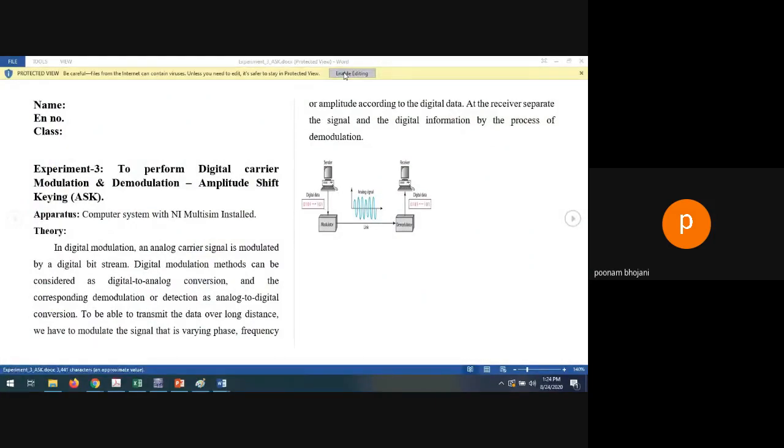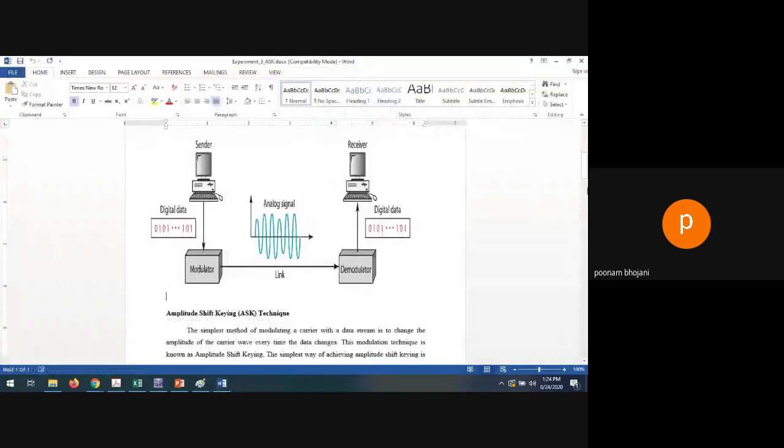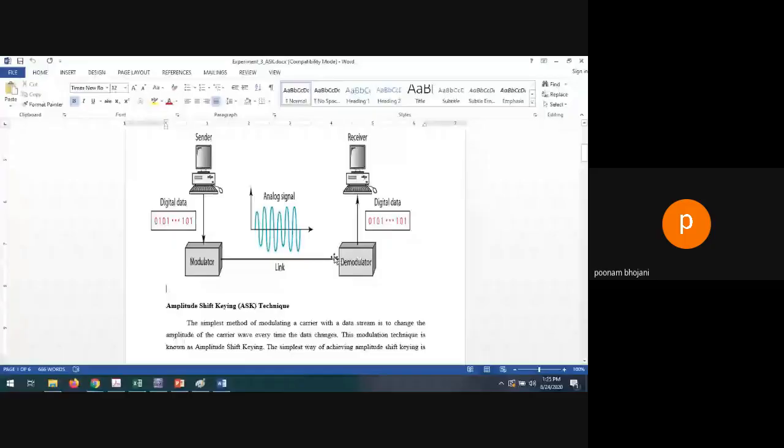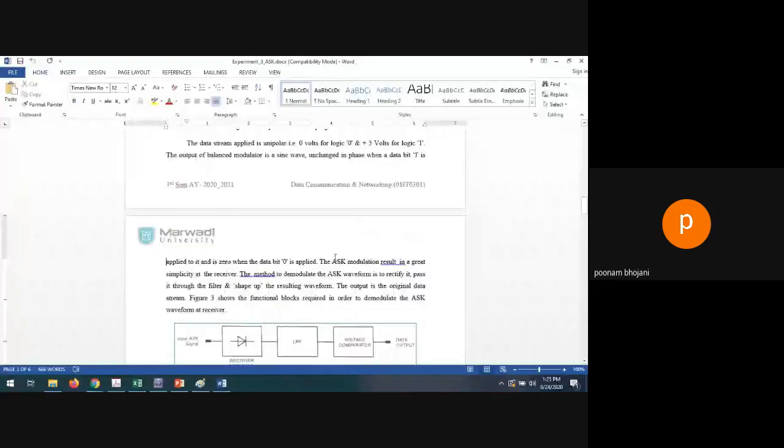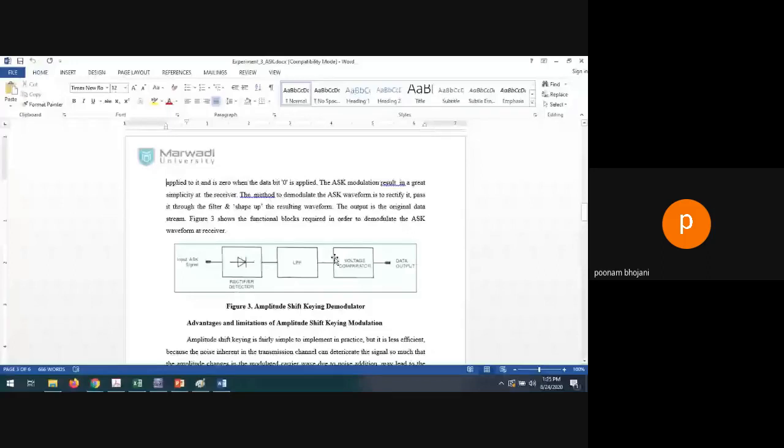This is a simple diagram of the modulator, and after the modulator, you will achieve this ASK signal. And this is the demodulator circuit. The ASK signal will pass through this demodulator, then you will get the original data output. Now, the ASK signal will pass first through the rectifier detector, that is a diode.